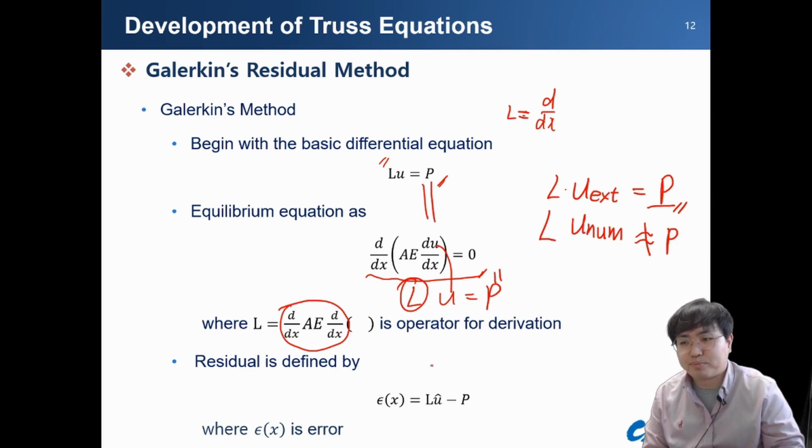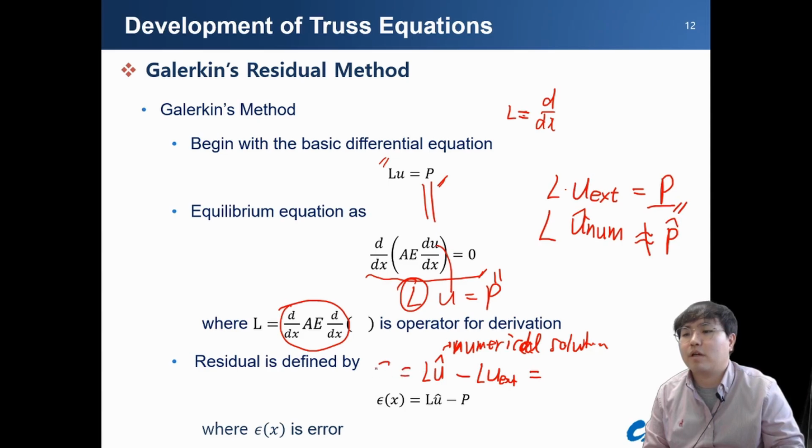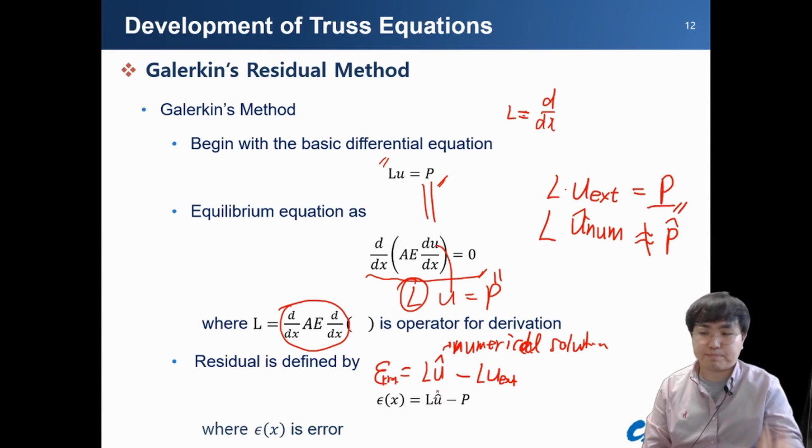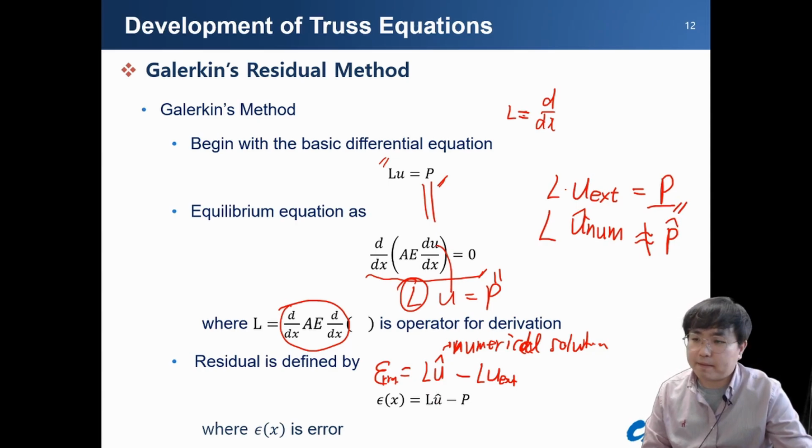The hat means that this is a numerical solution. So exactly, this is an exact solution, so there will be some residual error due to our intrinsic problem.